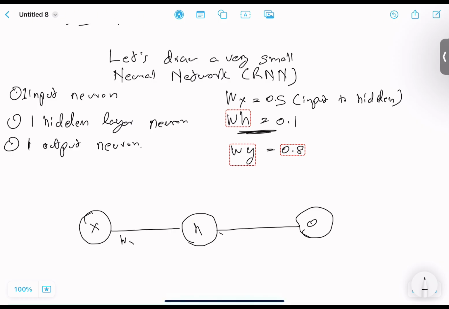Here the weight is 0.5 and here the weight is 0.8.